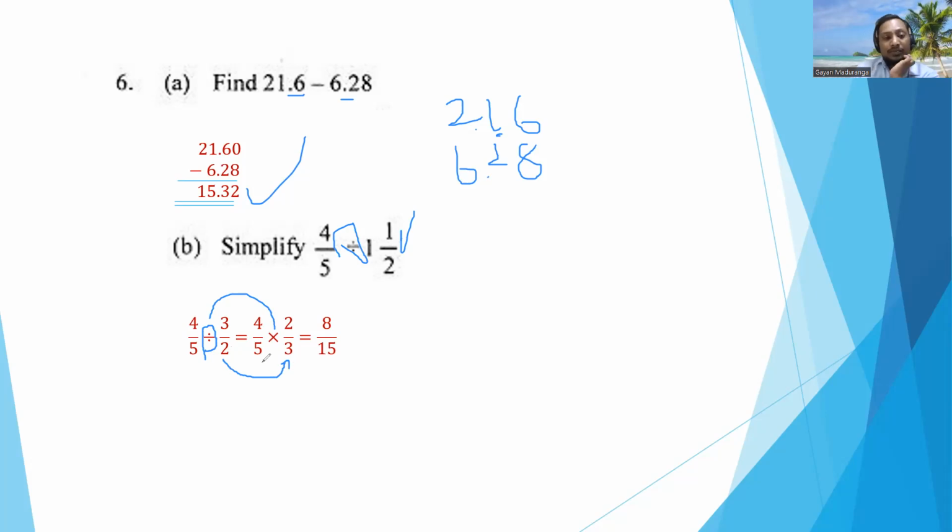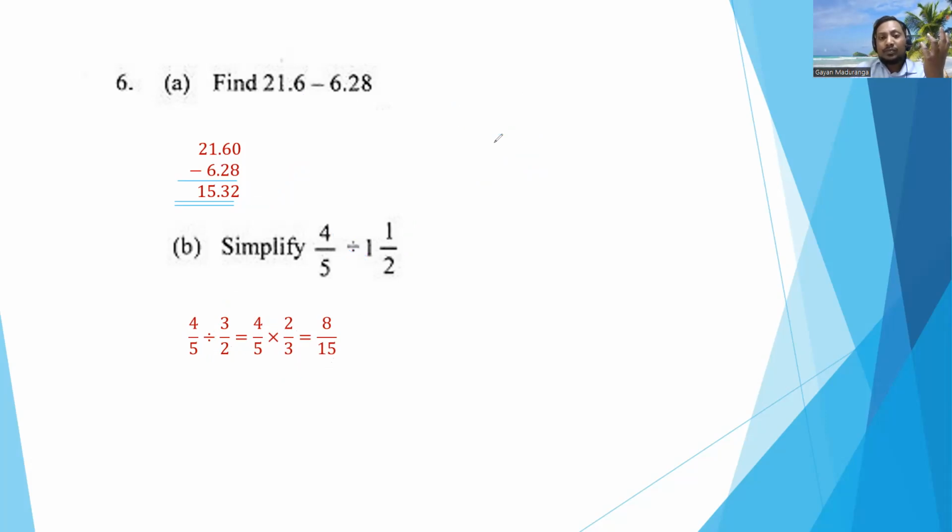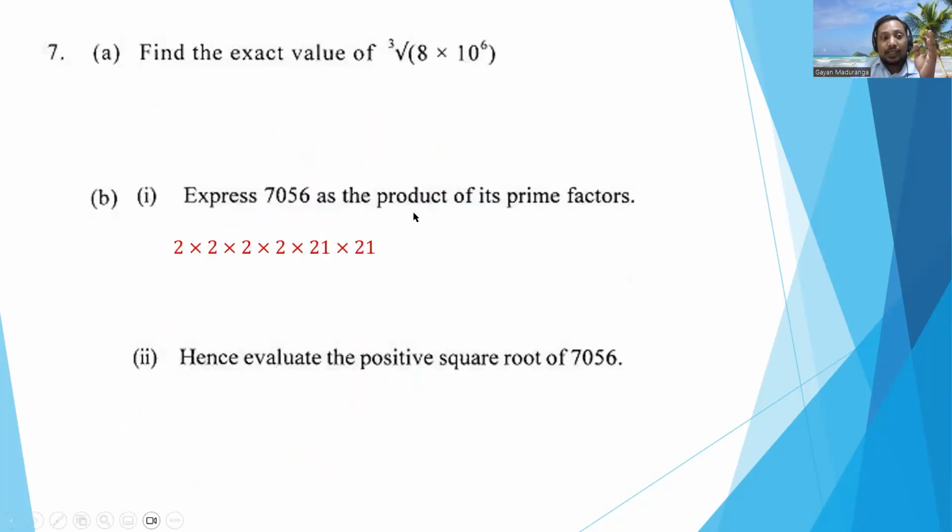Then just multiply. Check for cancellations. It seems there are no cancellations. So just multiply out. 4 times 2 is 8. 5 times 3 is 15. I guess, children, you can do this pretty easily and get all questions correct, right?